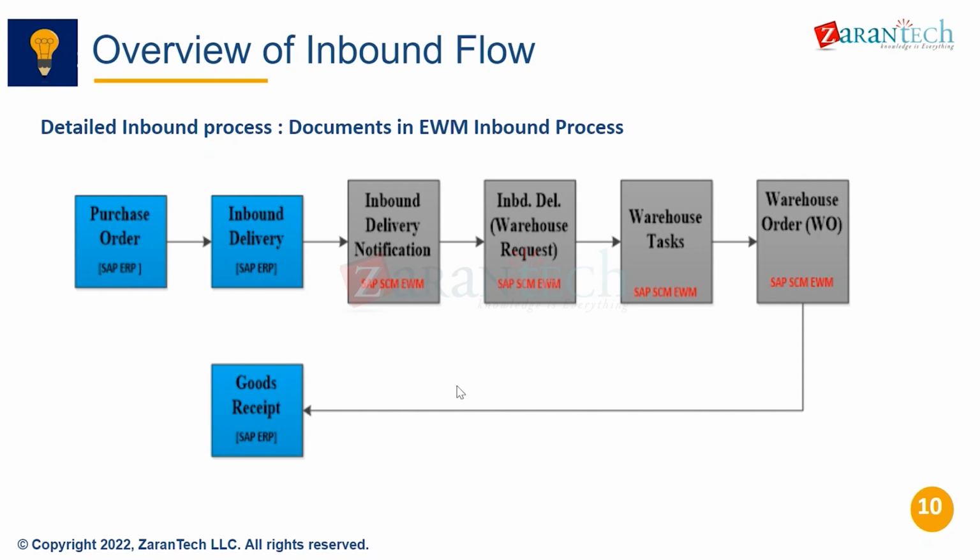Then the stock will be moved from the received on dock storage location to the available for sale storage location, once you put the stock into the final bin. So that is how the stock change request will be sent from the EWM to the ERP system.